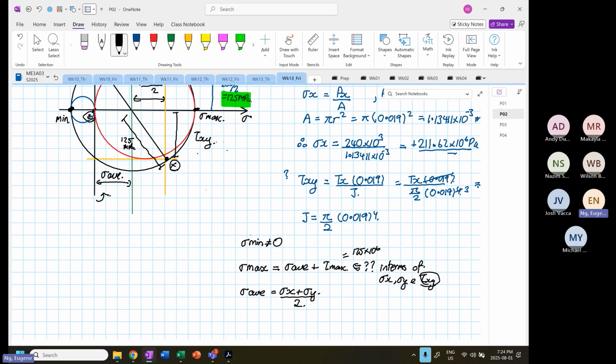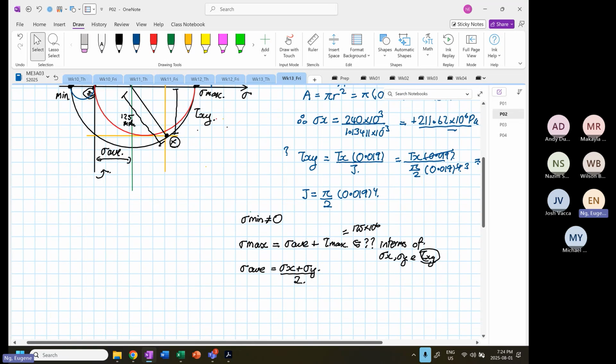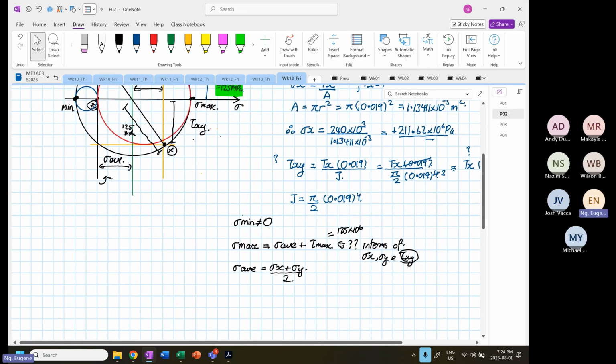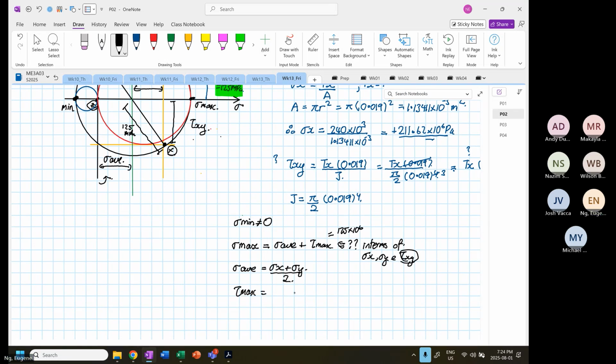Because at the end of the day, we want to find our shear xy. Okay, so from here, we can immediately come up with the formula that stress max or tau max is equal to, you square root the whole thing, right? Stress x minus stress y, like what we have done yesterday.